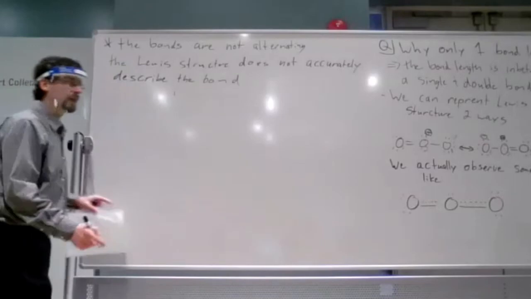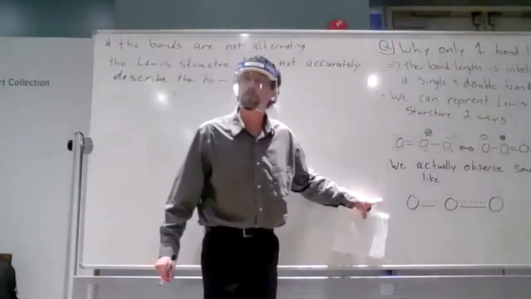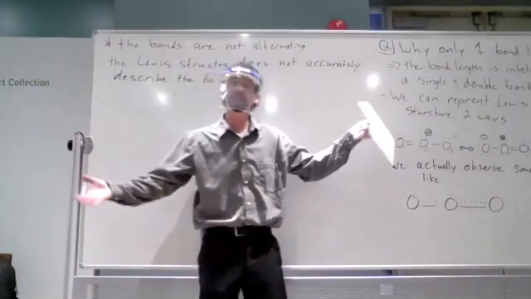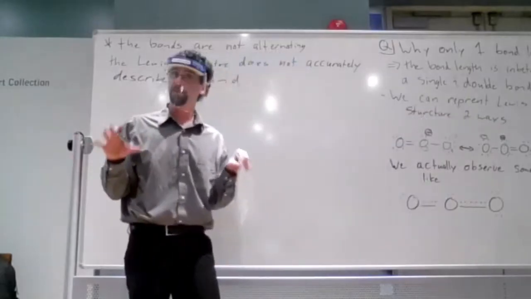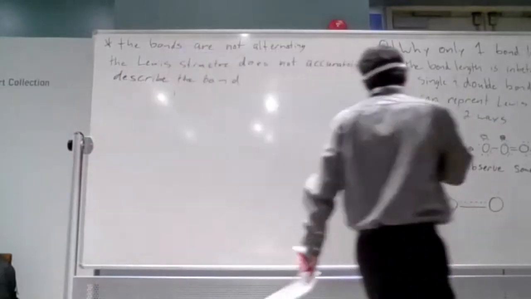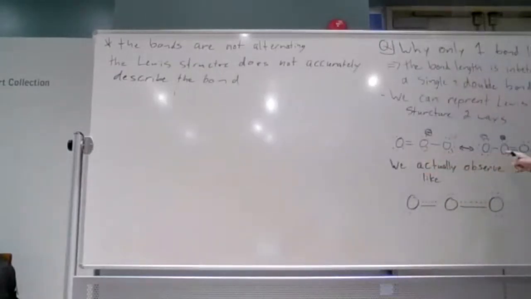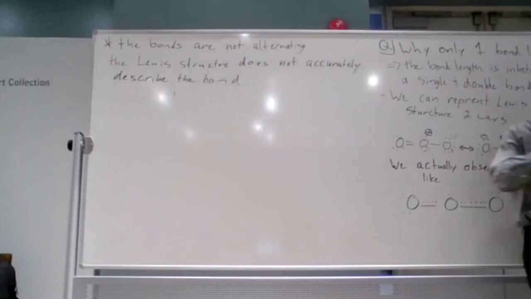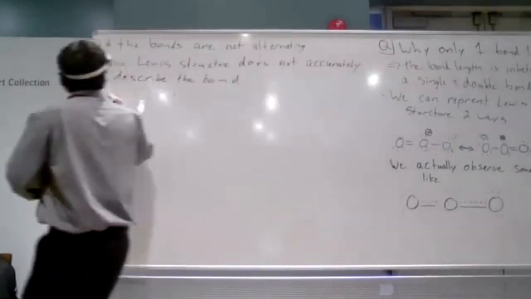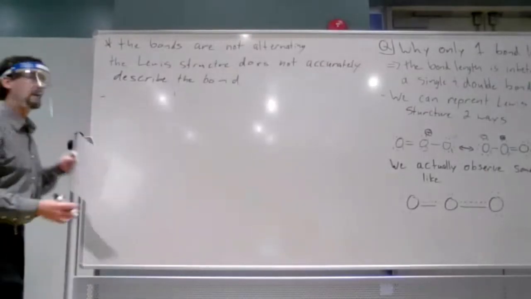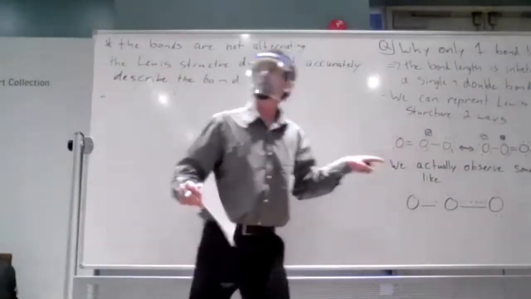Okay, so what we actually observe is known as a superposition between two states. It's like a mixture of the two. Depending on when you take a picture of the ozone molecule, it might look like this, or it might look like this, or it might look like this. It's kind of an average of all of those. So what we can say is these are resonant structures of one another.